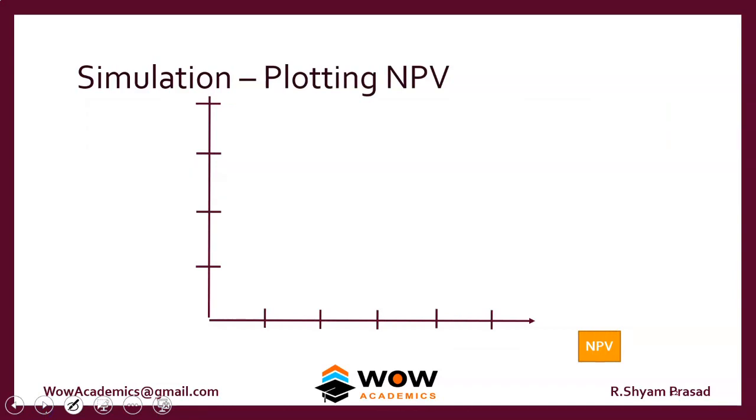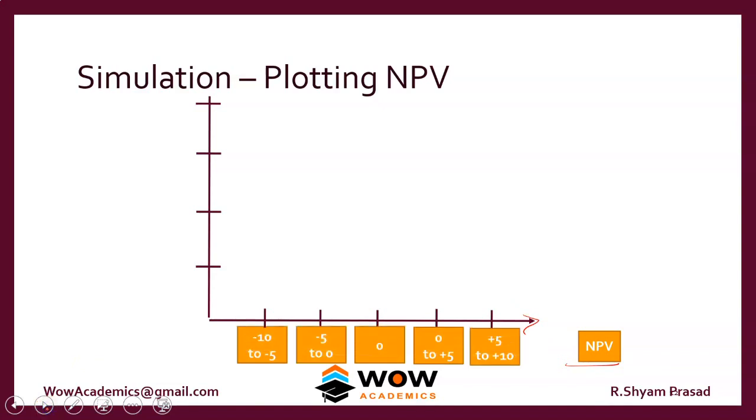On the graph, this axis represents the NPV, and we'll take NPVs in thousands. NPV of minus 10,000 to minus 5,000 is here, minus 5,000 to 0 is here, 0 NPVs are here, 0 to plus 5,000 NPVs are here, plus 5,000 to 10,000 NPVs are here.